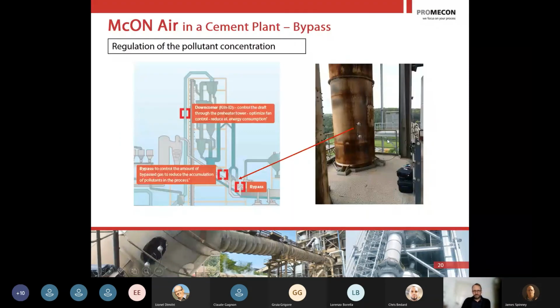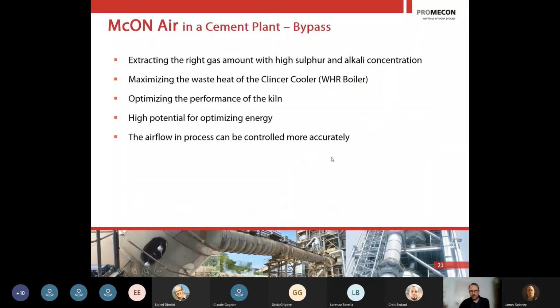Another application is the bypass. The bypass is used to extract the right gas amount in areas where sulfur and alkali concentrations are accumulating within the material, because it is evaporated in the furnace, but in the preheater tower it's condensing back to the material, and you have to extract this dust from the process.